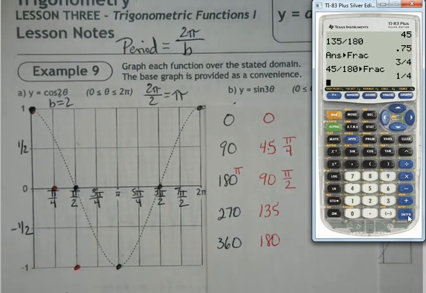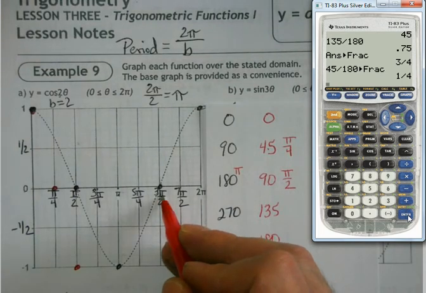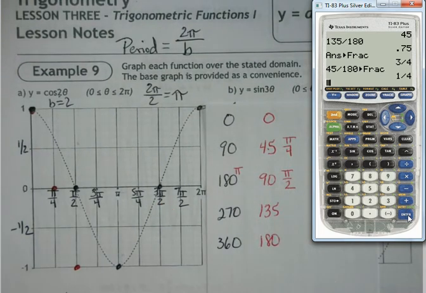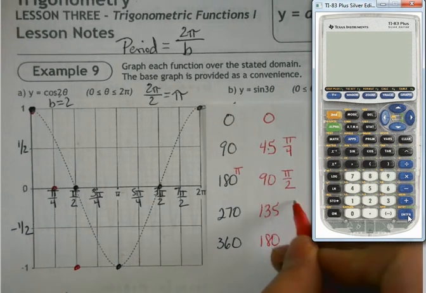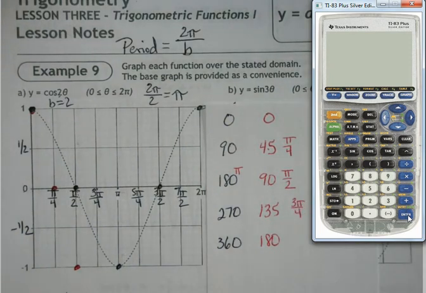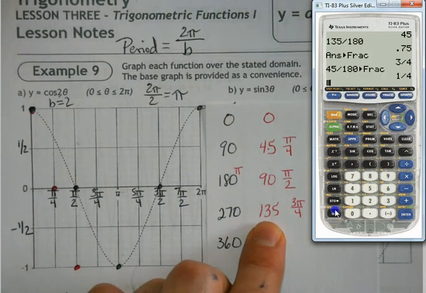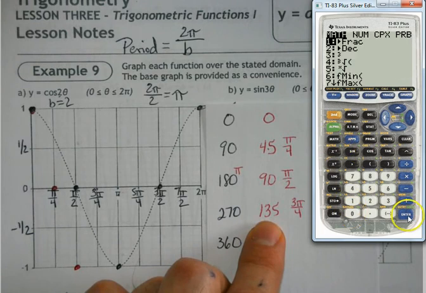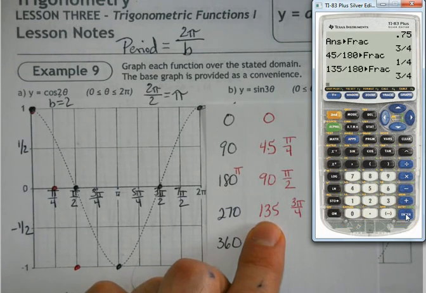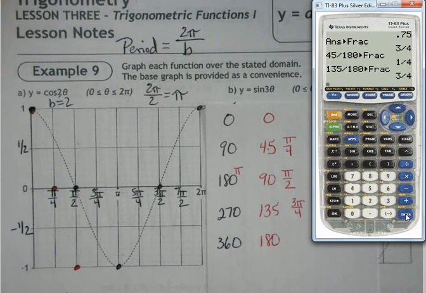So if I took 3 pi over 2 and divided it by 2, I'm going to show you an even slicker way to do this in a minute, I'm going to get 3 pi over 4. You're like, how'd you get that again? You have multiple ways of doing this. You can make a degree chart, do it like this. There's my 3 pi over 4. Or again, you can always cut a fraction in half.